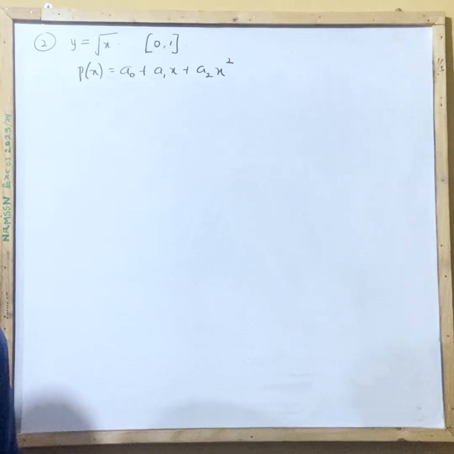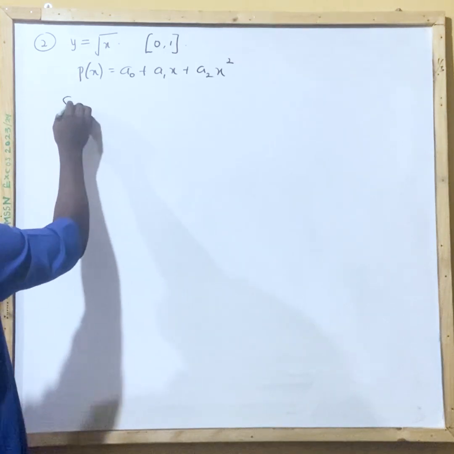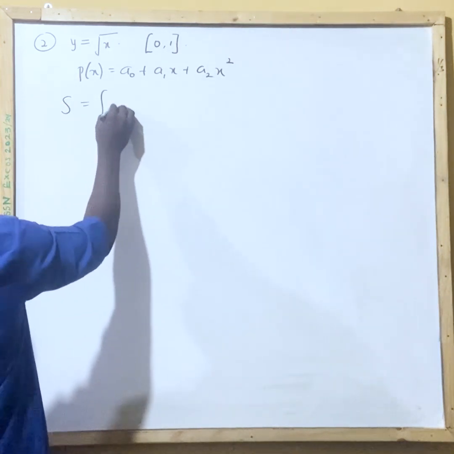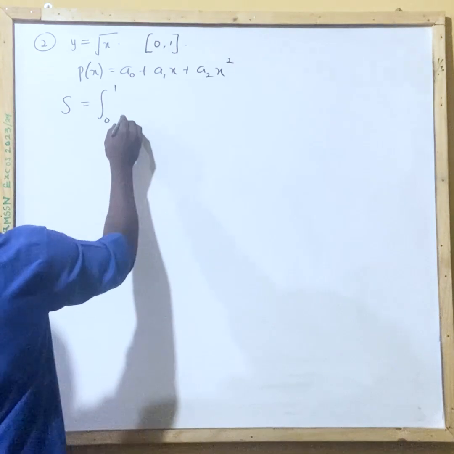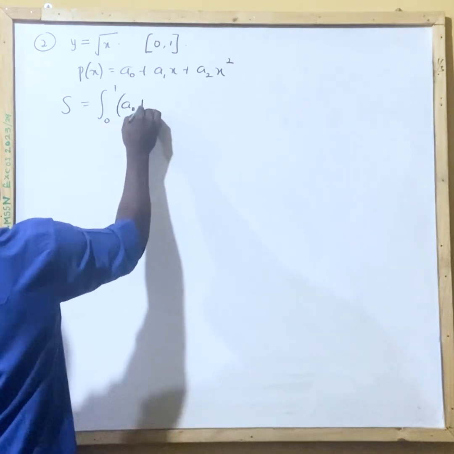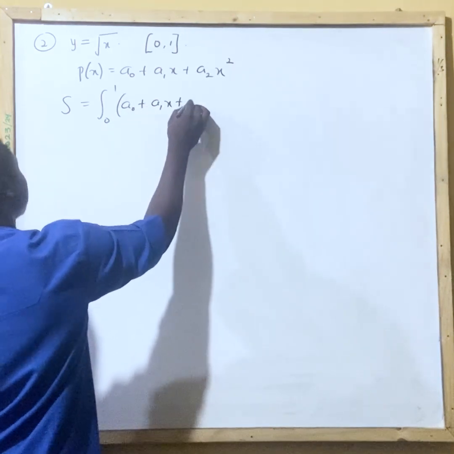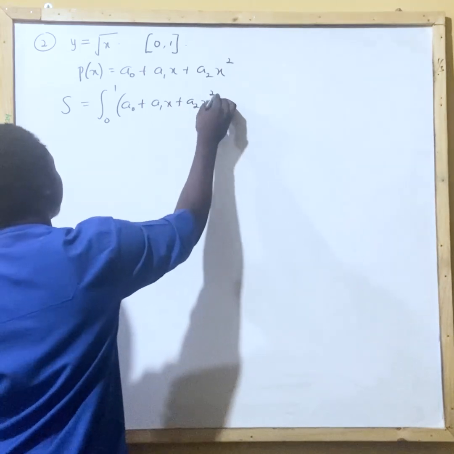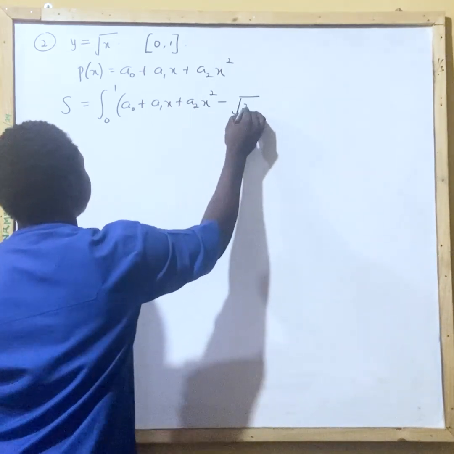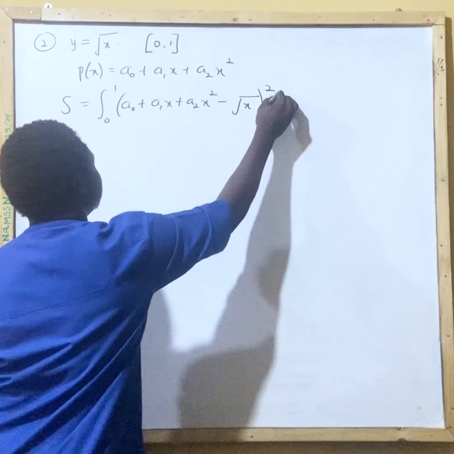Of course we want to get the residue of this function. So our residue is given as S equal to integral 0 to 1 of a naught plus a1x plus a2x squared minus square root of x, all squared dx.